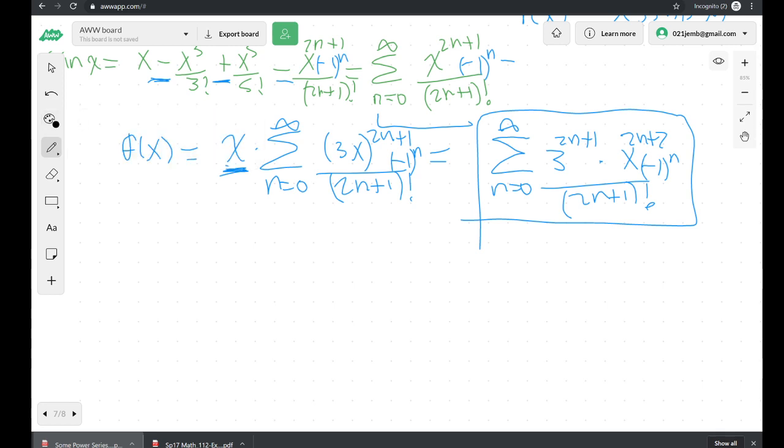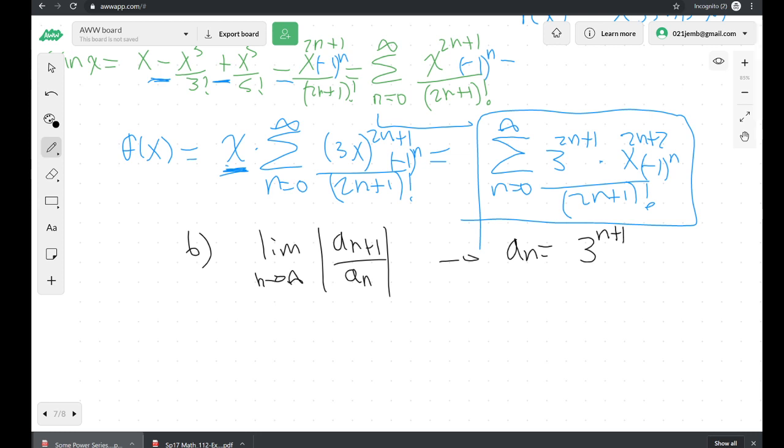So for part B, we're going to have to find the limit as n approaches infinity of the absolute value of a sub n plus 1 divided by a sub n, right? And so we have to state that a sub n is going to be, in this case, 3 to the 2n plus 1, excuse me, times x to the power of 2n plus 2.